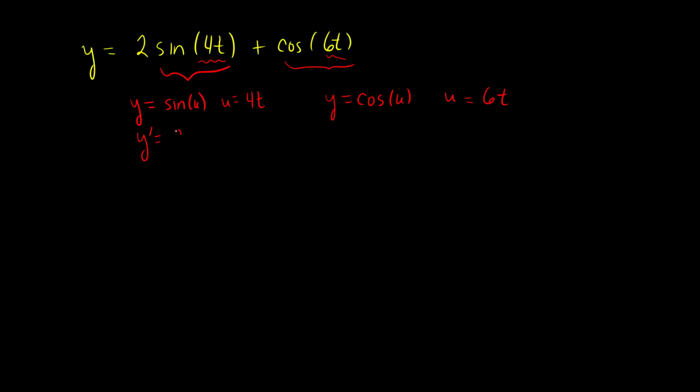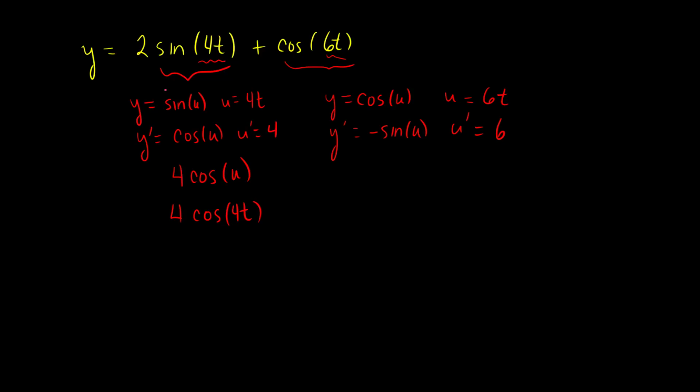Away we go, taking derivatives: cosine u, 4, negative sine u, 6. So I multiply these, so that becomes 4 cosine u. I substitute my u back in, which is 4t. Sometimes you'll see me bring the 2 along with it, but I just didn't that time.